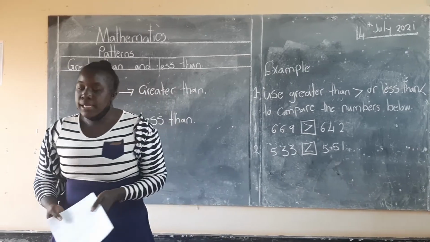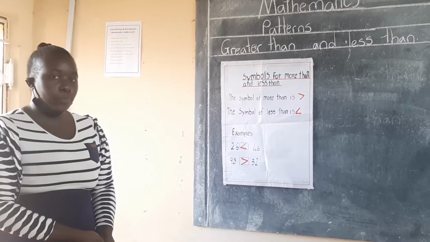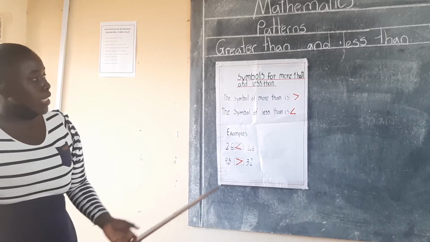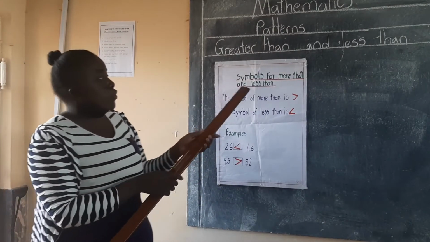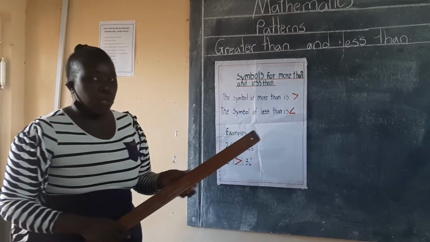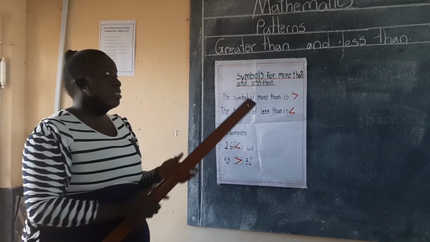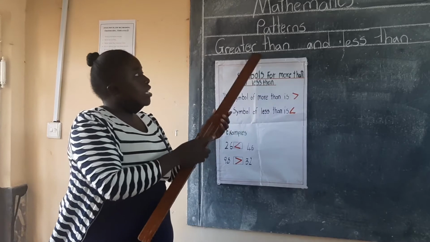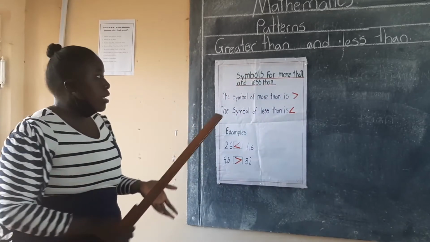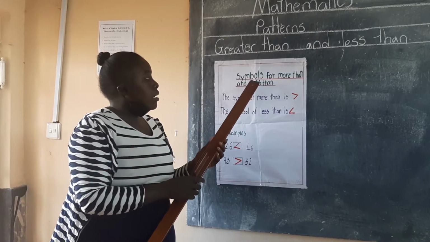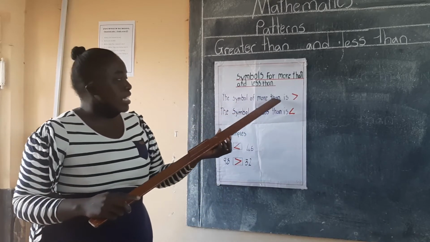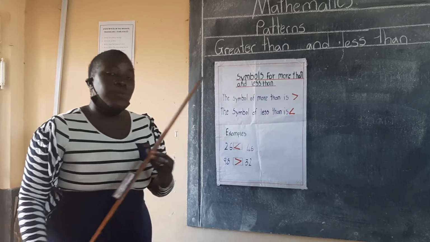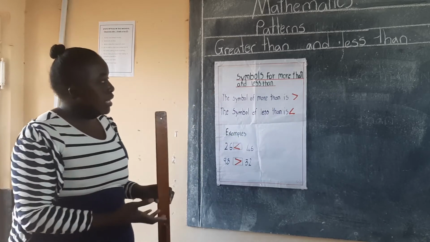Let us look at this chart together. This chart says symbols for more than and less than. When we say more than, it's just the same as greater than. More than, greater than, they are one and the same. The symbol for more than is this symbol, like we said earlier on.